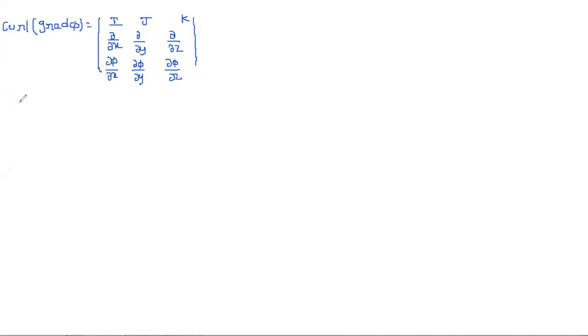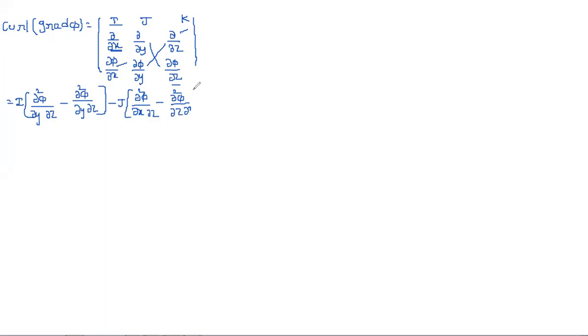So if you apply this, what will we get? i into dou square phi by dou y dou z minus dou square phi by dou y dou z. Minus j into dou by dou x of this one, so dou square phi by dou x dou z minus dou square phi by dou z dou x.